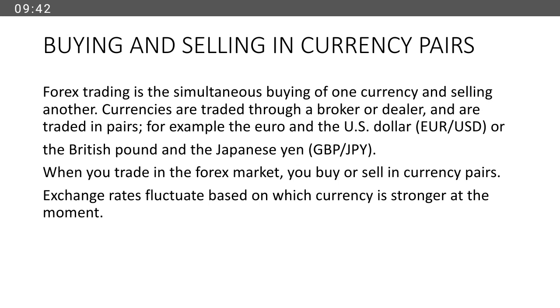The direction it will go is determined by the strength of the various currencies. For example, if the euro is stronger than the US dollar in euro/US dollar, that means the exchange rate will be going up. Why? Because of the strength of the euro.